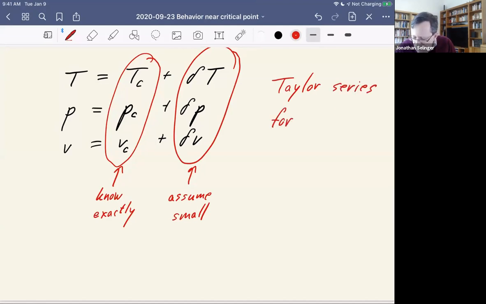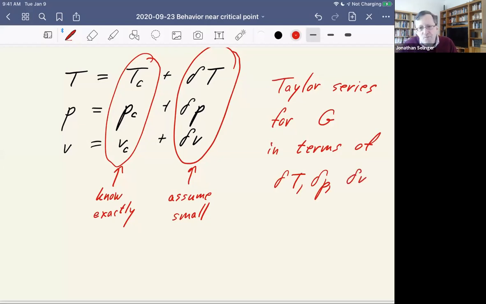For this Gibbs free energy in terms of delta T, delta P, and delta V, it's a straightforward calculation.